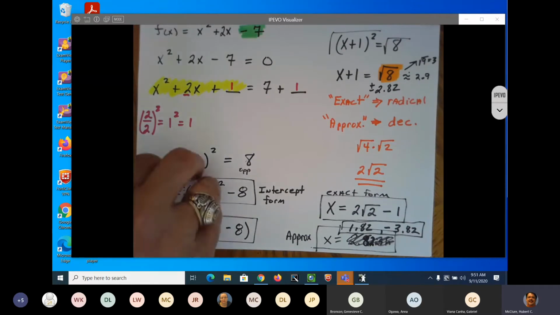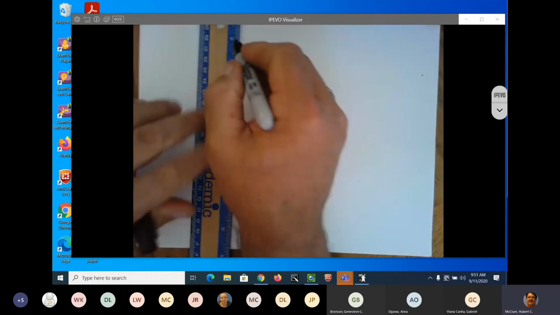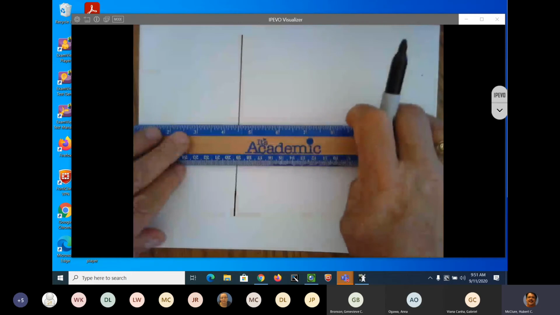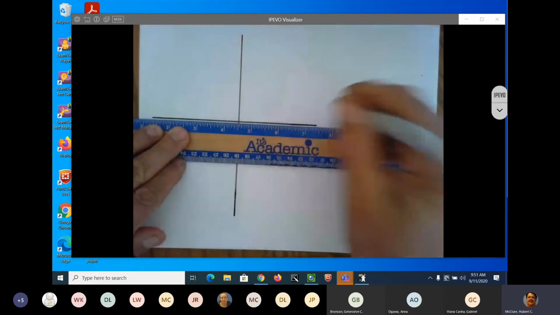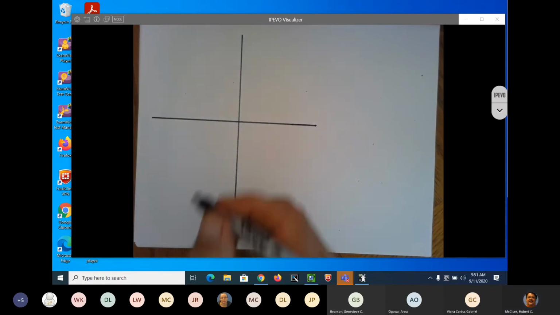So I'm going to draw. I'm just going to use half the page, that way I can write on the right side. So our y-intercept is negative 7.